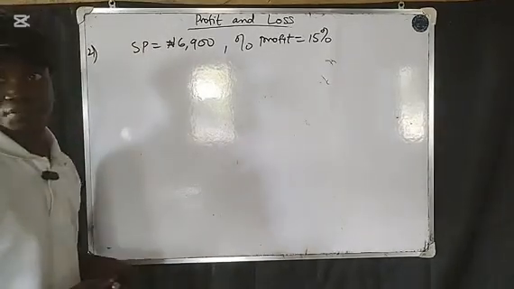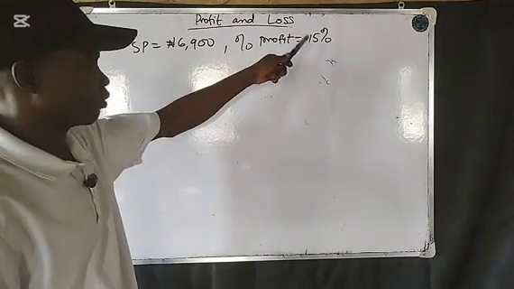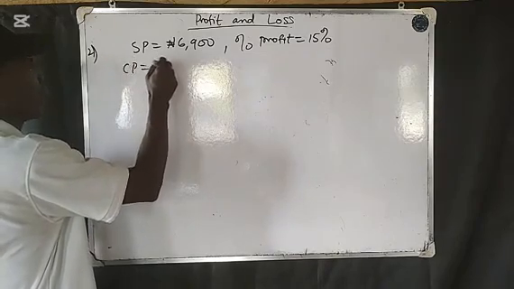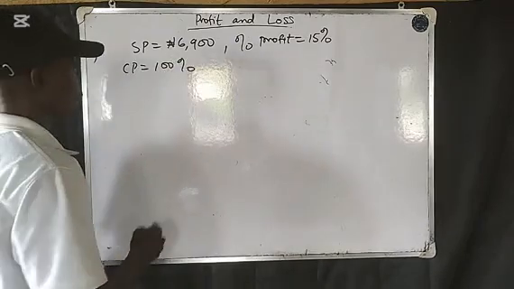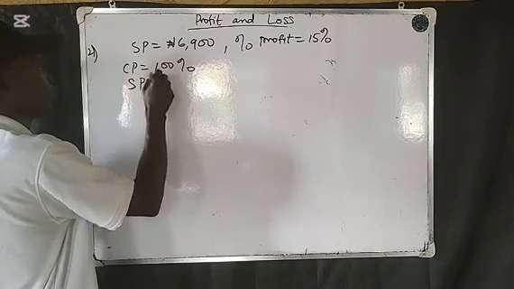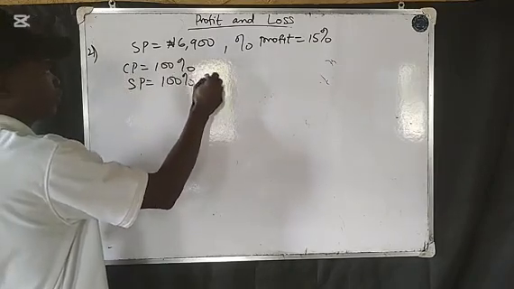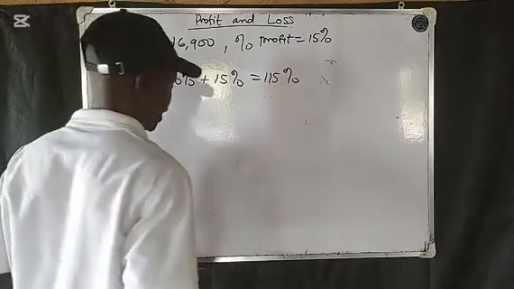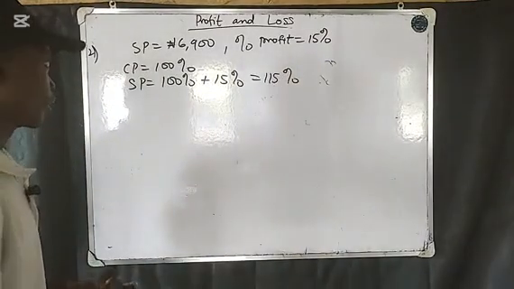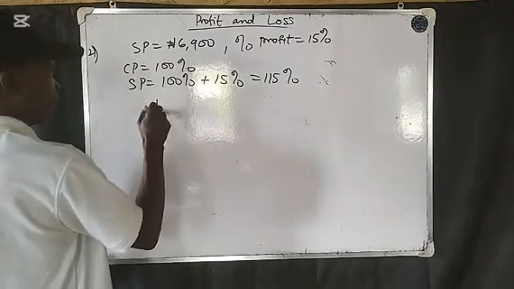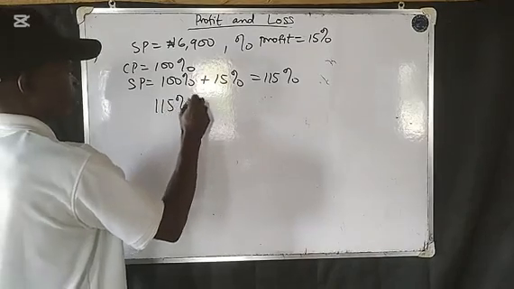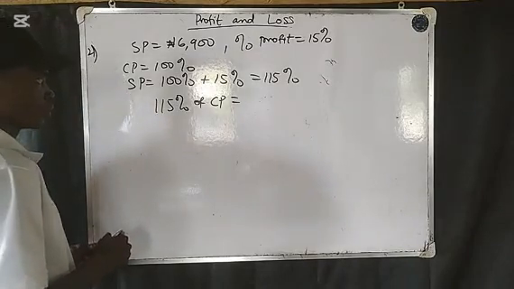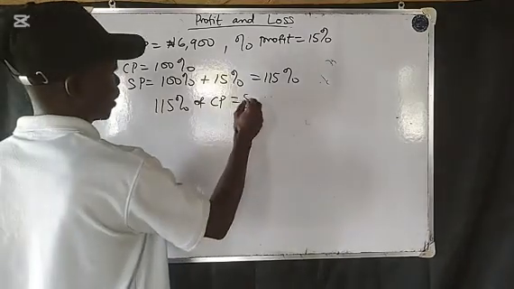First of all, let's calculate the cost price. If I made a profit of 15%, meaning my cost price is 100%, my selling price is going to be 100% plus 15%, that will be 115%. Why? Because I made a profit of 15%, right? So how will I express it? I will say 115% of cost price is equal to selling price.